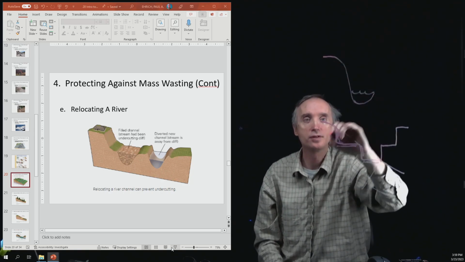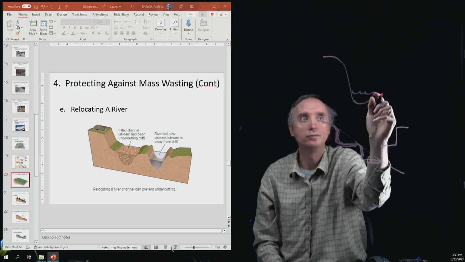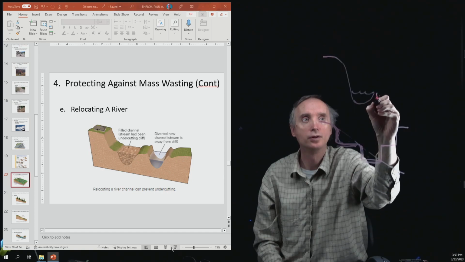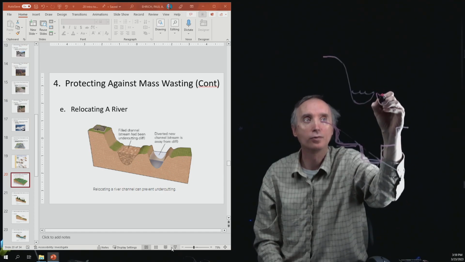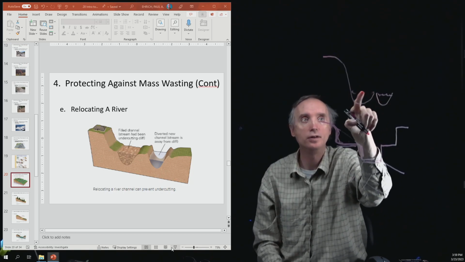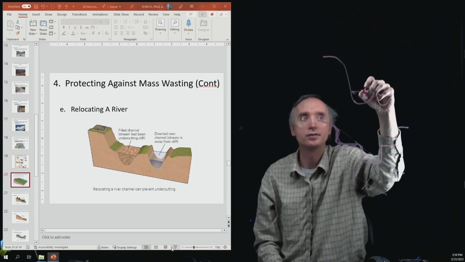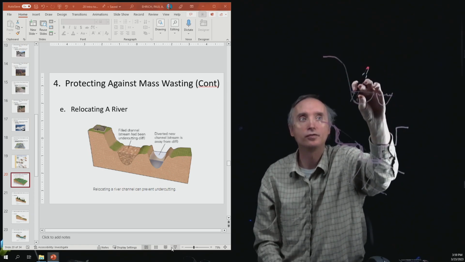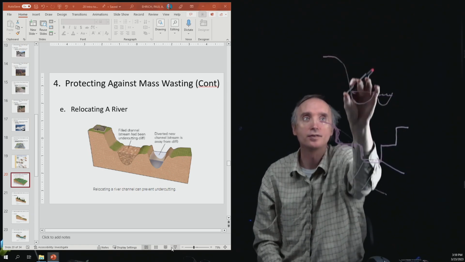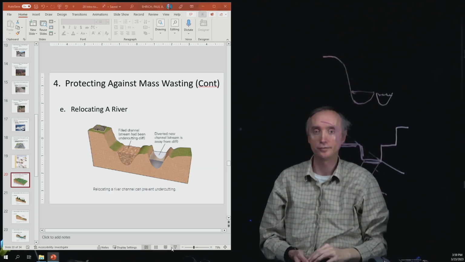So sometimes the Army Corps of Engineers will make a new place over here where the river can flow, and then they can fill this part in with soil. And now notice that the river is going to be further away from here, and it's going to be less likely that it's going to cut into that cliff.